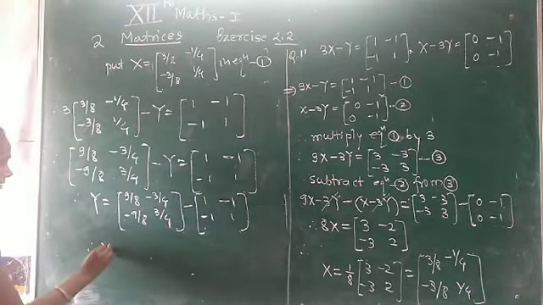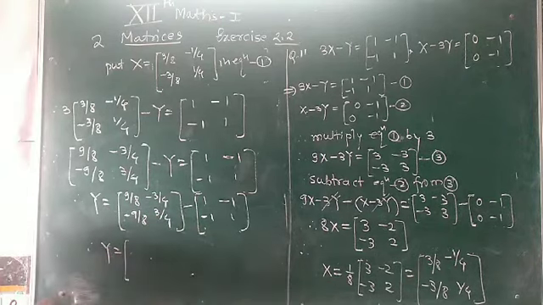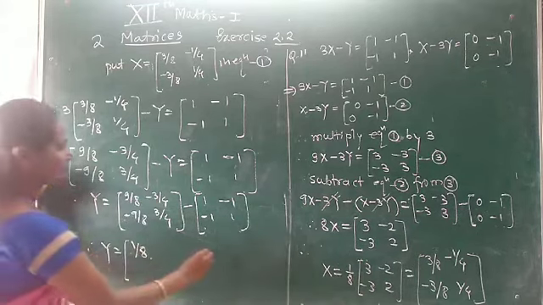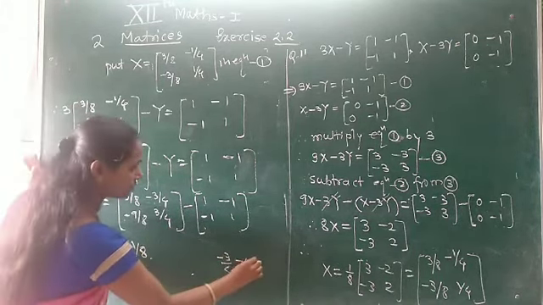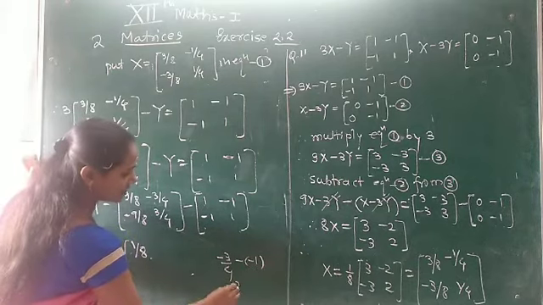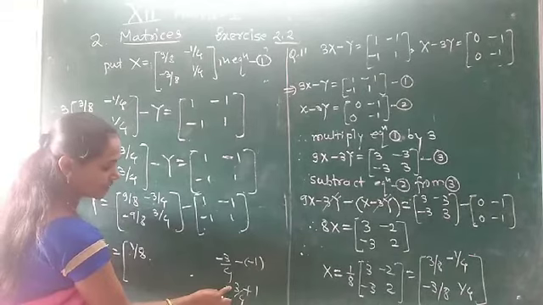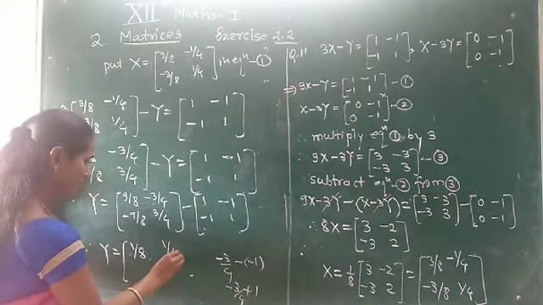Therefore 1 is equal to 9 upon 8 minus 1. So 9 upon 8 minus 1 is 1 upon 8. Minus 3 by 4 minus of minus 1, that means minus 3 by 4 plus 1, which is 1 upon 4.